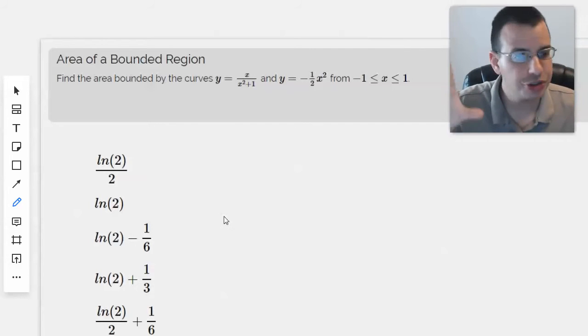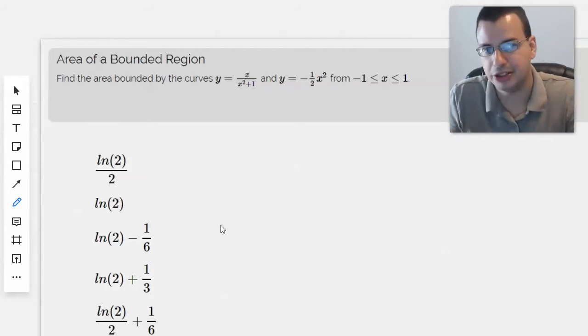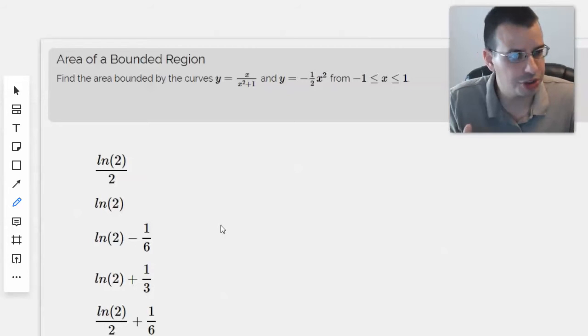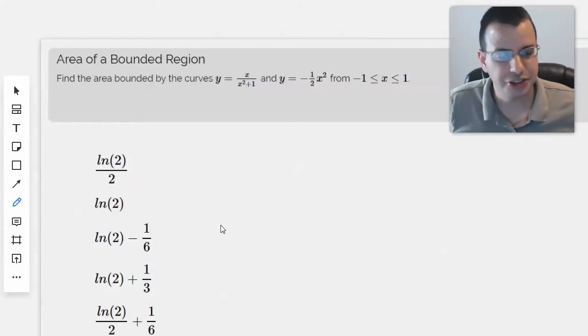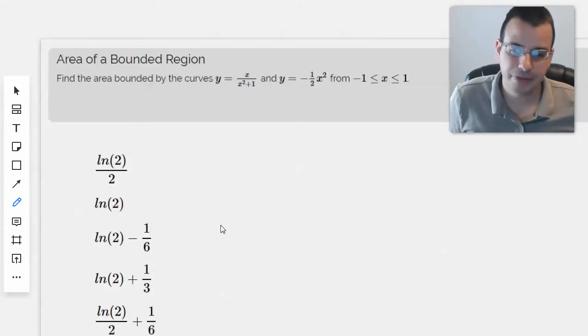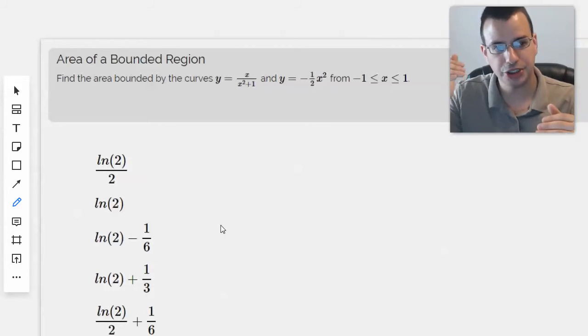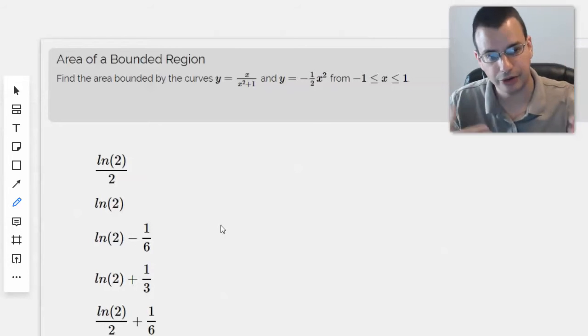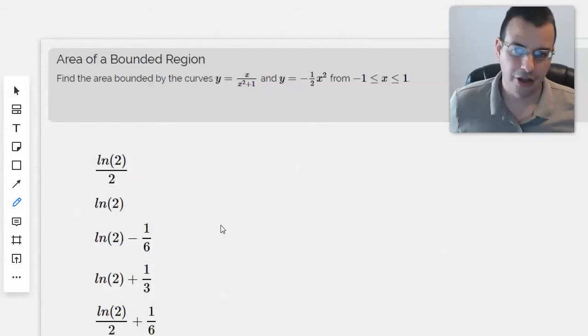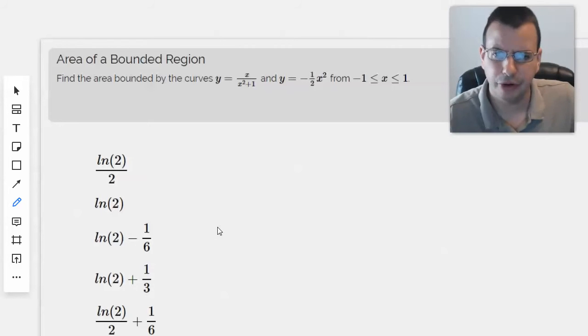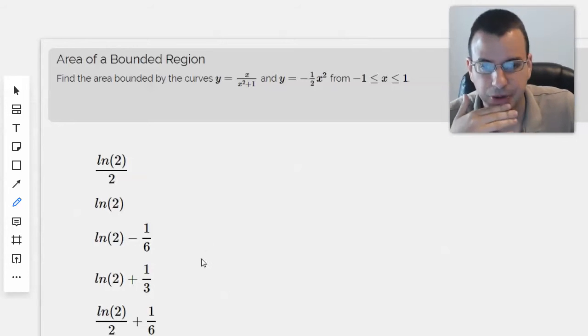Because the only reason you really wouldn't get a problem like this on the AP exam, at least on the multiple choice section, is you really can't solve this in 3 minutes. Even if you look at it, some AP questions will take 2 minutes, some will take 4, for the calculator section. This would be really challenging to solve even in 4 minutes. You're talking about just a minute just to put in your calculator.